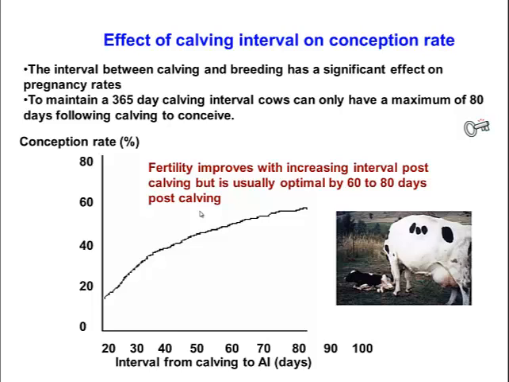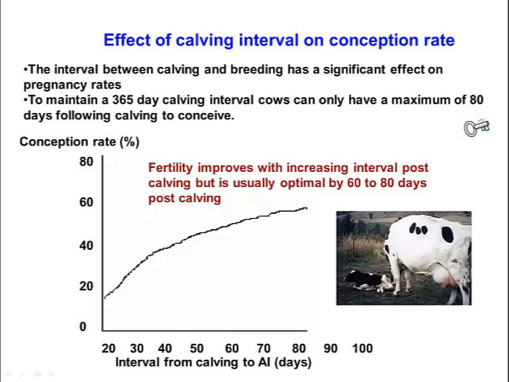In order to do that, because cows have an approximately 9-month gestation length, they really only have about 80 days following calving in which to get pregnant. During that time the uterus has to repair itself, they have to start cycling and ovulating, and then they have to get pregnant within that 80-day window.